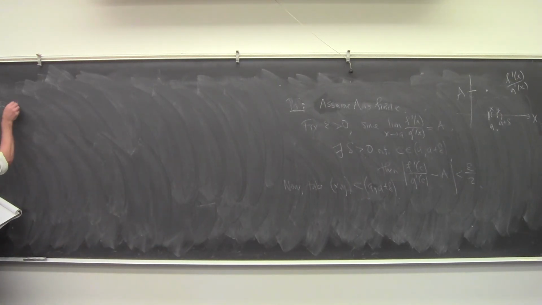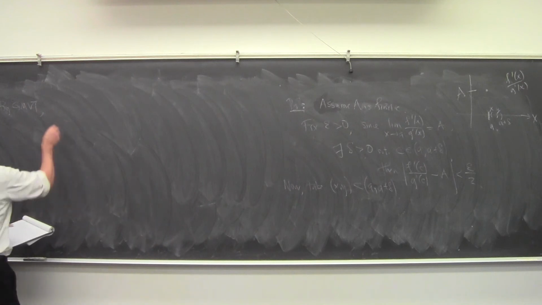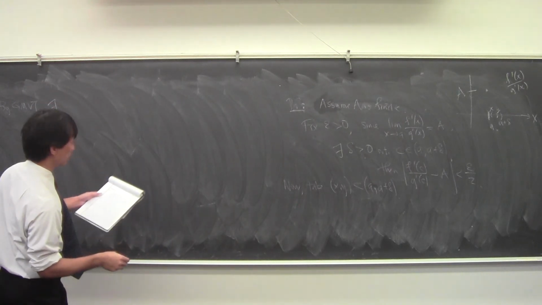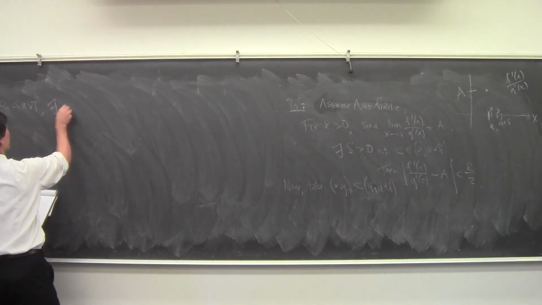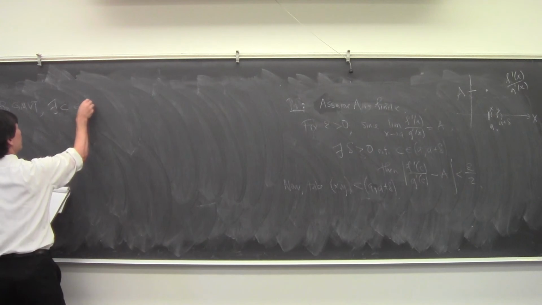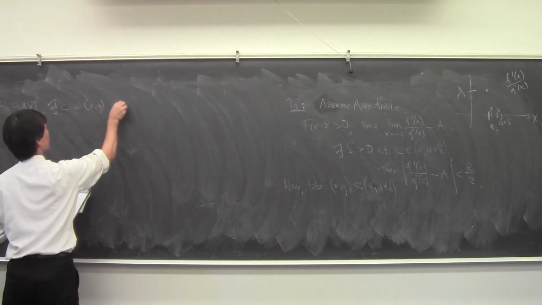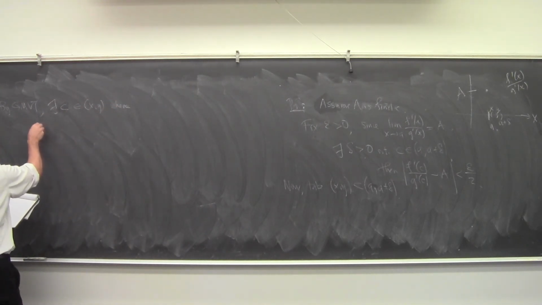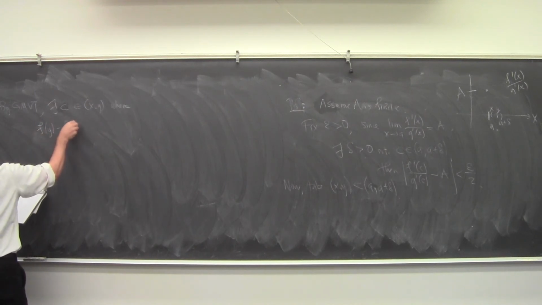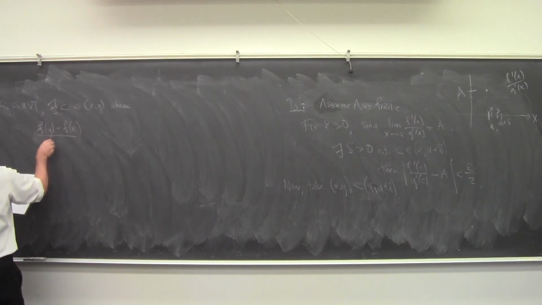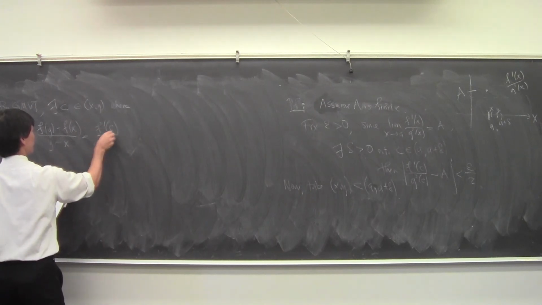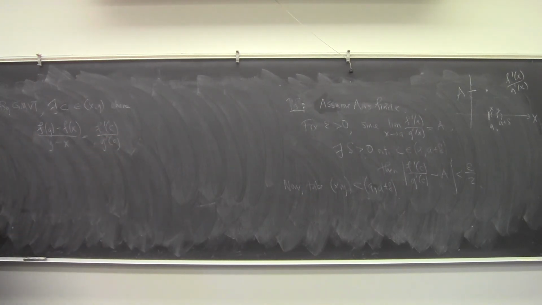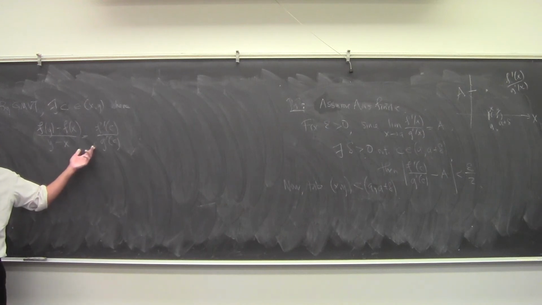By the generalized mean value theorem, we know there exists a point c in x, y where f of y minus f of x over y minus x equals f prime c over g prime c. Right? That's what the generalized mean value theorem gives you.